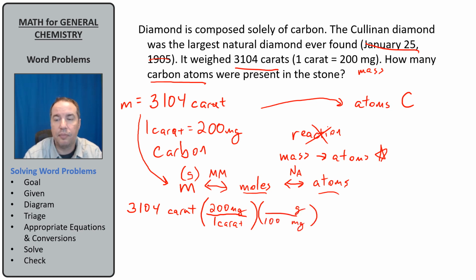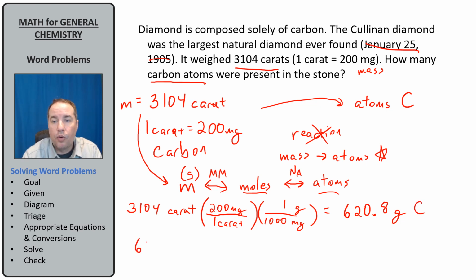So 1,000 milligrams equals 1 gram. So when I do this, I get 620.8 grams. Okay. It's a pretty heavy diamond. Anyone would be happy with that. Now that's grams of carbon, right? Because diamonds are just carbon.